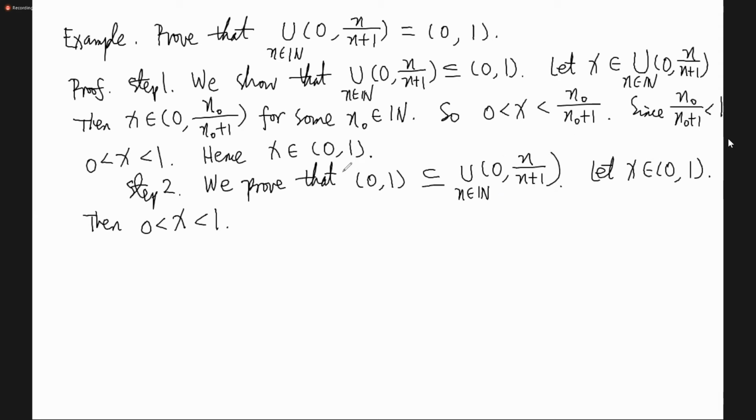So you should try to understand what this means. If you want x to be less than n over n plus 1, then that means 1 minus x would be greater than 1 over n.